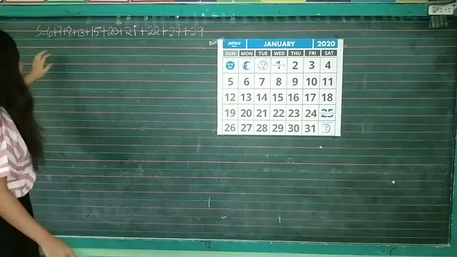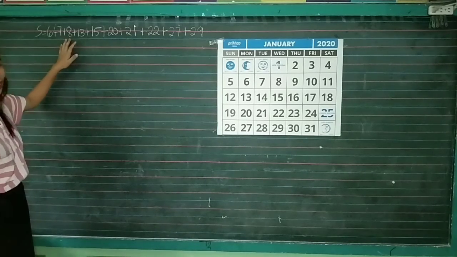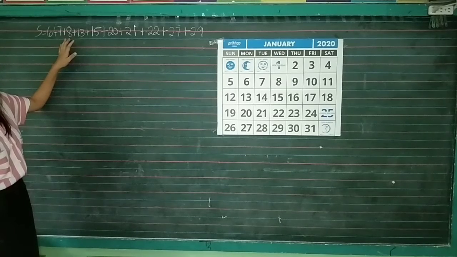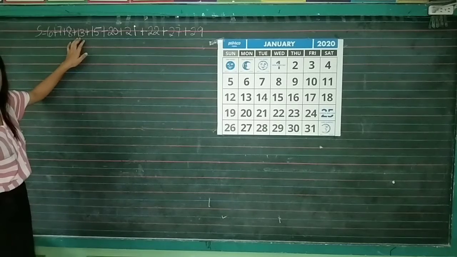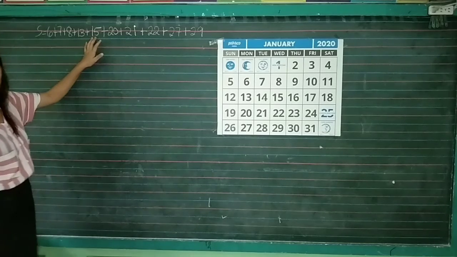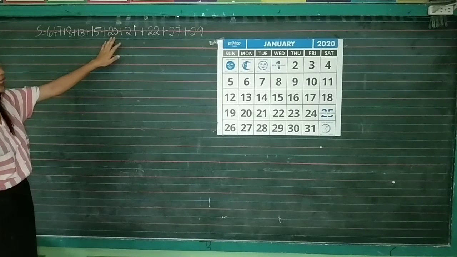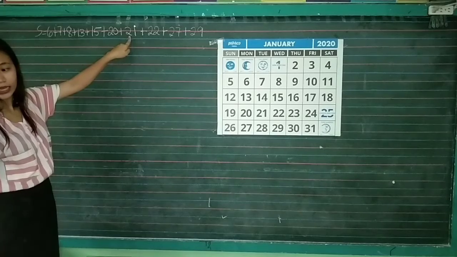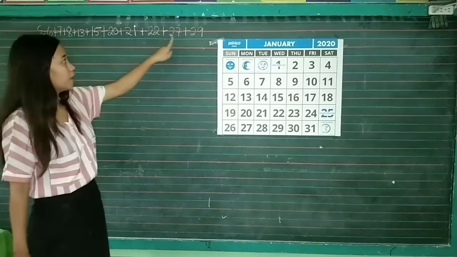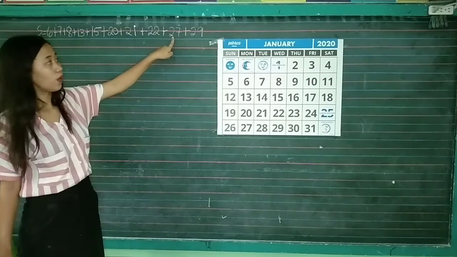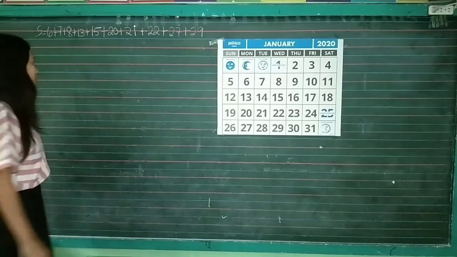So, 6 plus 7 is 13, plus 8 is 21, plus 13 we have 34, plus 15 we have 49, plus 20 is equal to 69, plus 21 is 90, plus 22 is 112, plus 27 is 139, plus 29 is equal to 168.